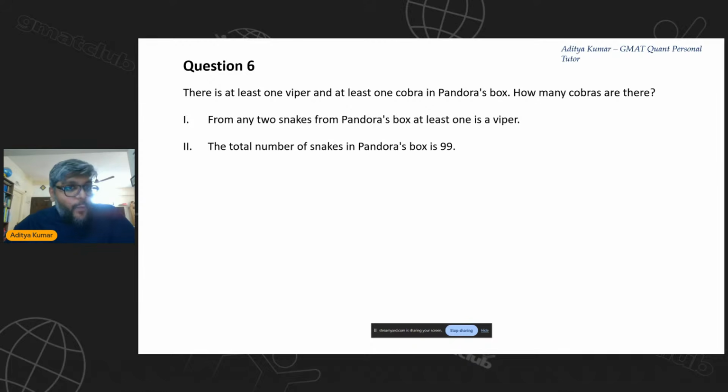So there is at least one viper and at least one cobra in Pandora's box. So I have some Pandora's box. There's at least one viper, so there should be a minimum of one viper, and there should be a minimum of one cobra. Let's rewrite that.